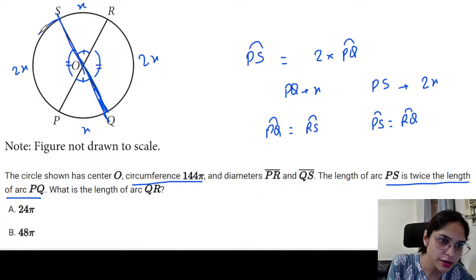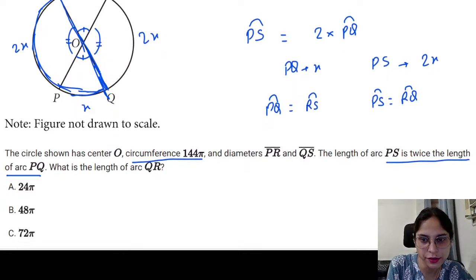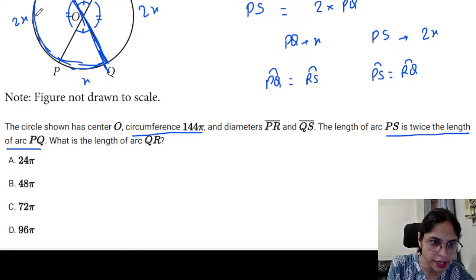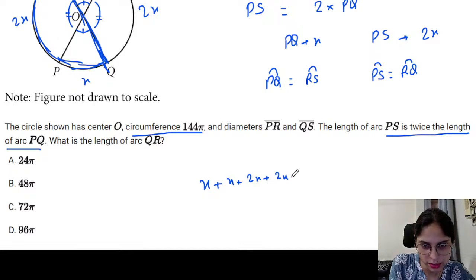Now this is half the semicircle, like half the circle, right? Now you can see the entire circle is x plus 2x plus 2x, and that should be equal to 144 pi, because that's the entire circumference. So 2 plus 2, 4 plus 2, 6x is 144 pi.